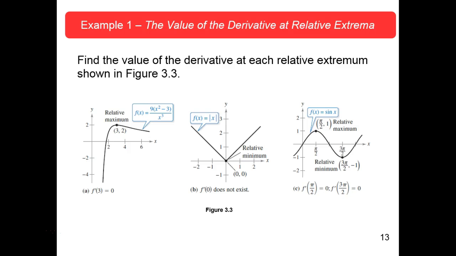All right. So it says find the value of the derivative at each relative extremum shown here. So we've got to find the derivative. Now, how are you going to find the derivative of that? You have one or two ways to do it.